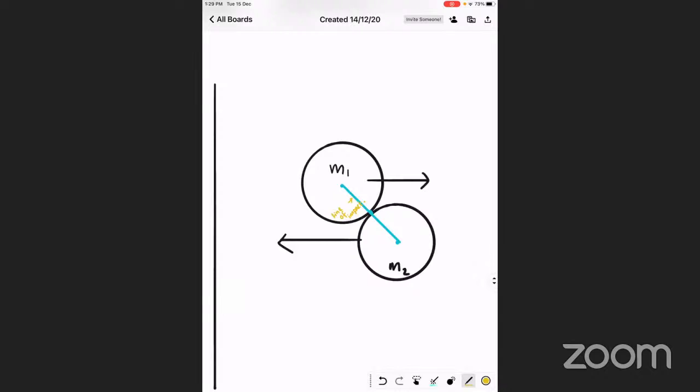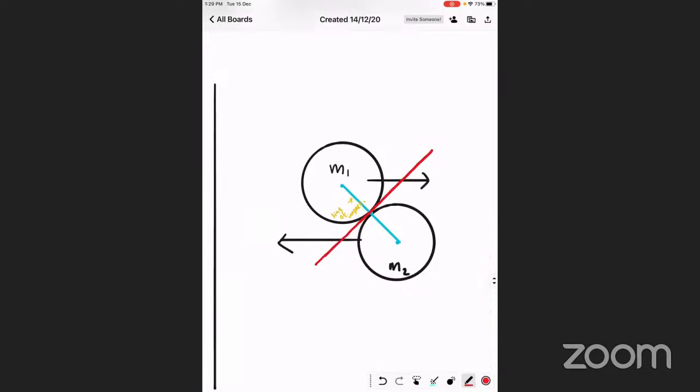There is a force on M1 along this line of impact. Imagine a line which is perpendicular to the line of impact. Can you understand what this is? Yes, sir. This is a line perpendicular to the line of impact.